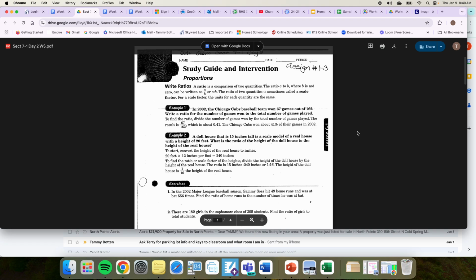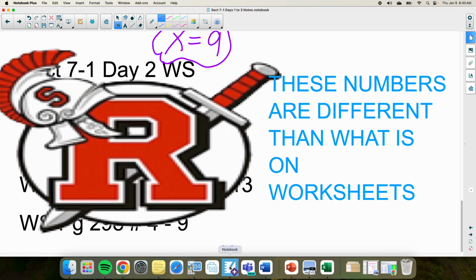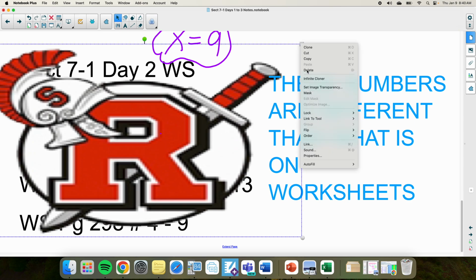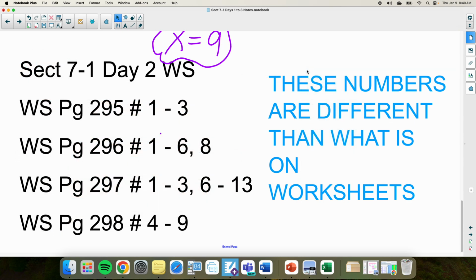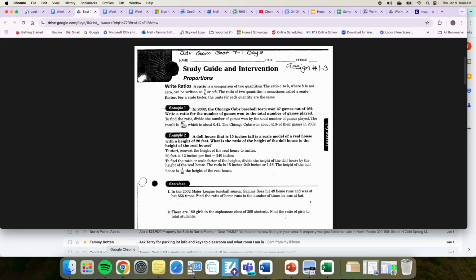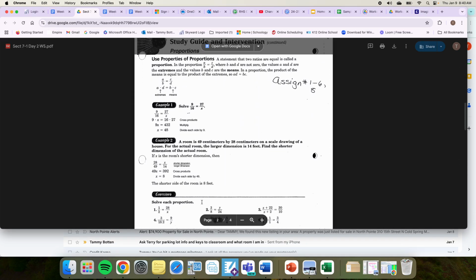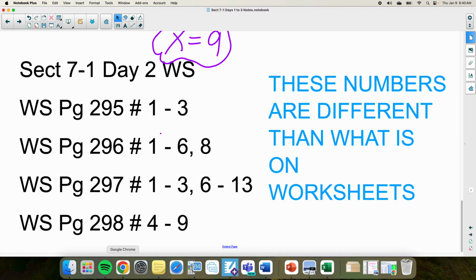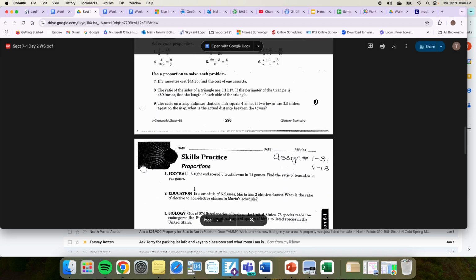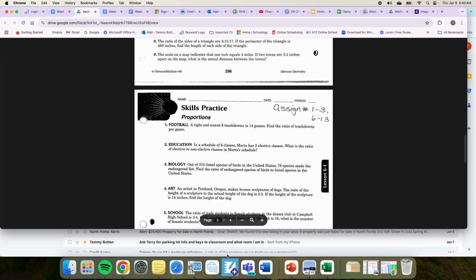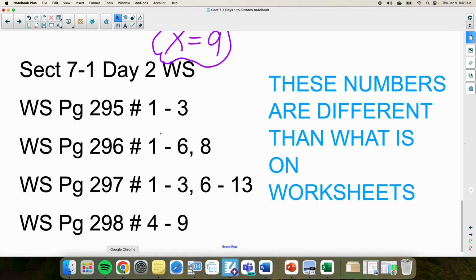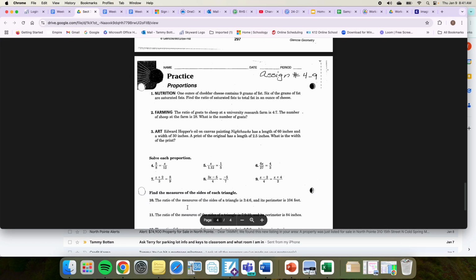Okay, so if we go back to our worksheet here, which ones they want us to do. 1 through 3 is correct. And then let me check. 1 through 6 and 8, is that correct? Yeah. Yep. 1 through 3, 6 through 13 is right. And that's right, good. And then 4 through 9? Yeah, that's right, okay, perfect.